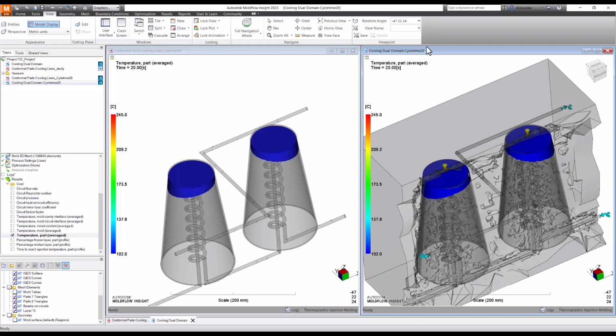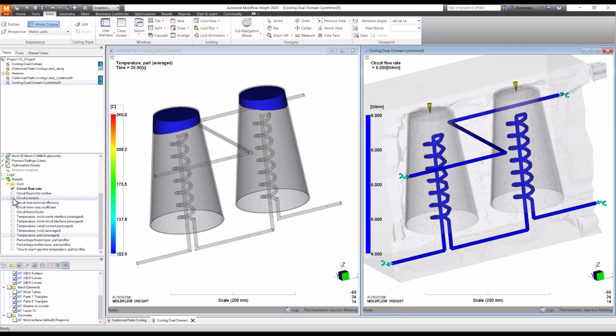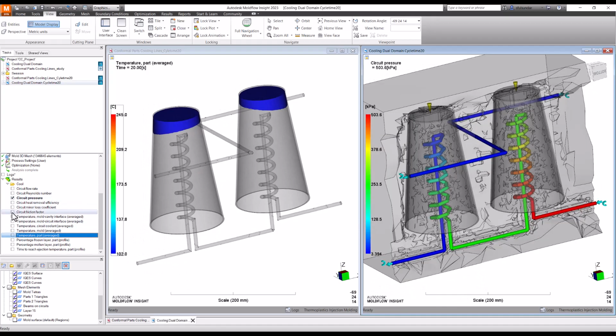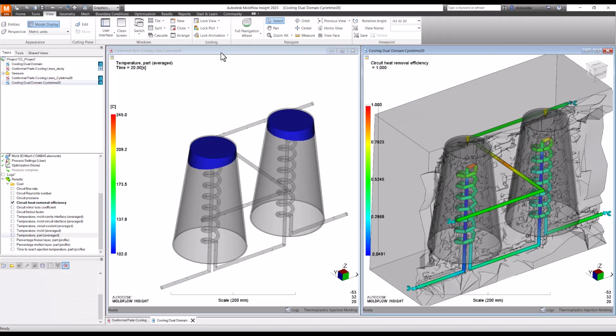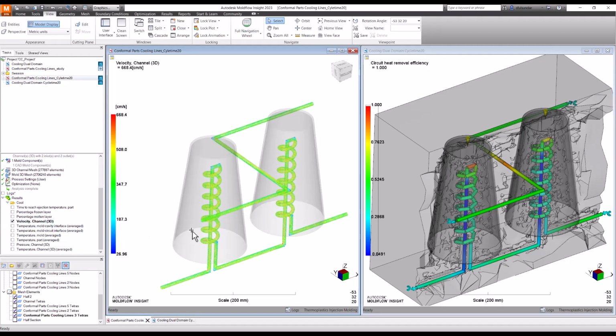The other thing that I want to look out for over here is the difference in the results as well. In dual domain you'll get more results like circuit flow rate, circuit pressure, and heat removal efficiency, which a 3D will not have in detail. But one of the important things I like about the 3D is to look at the velocity through the channels.